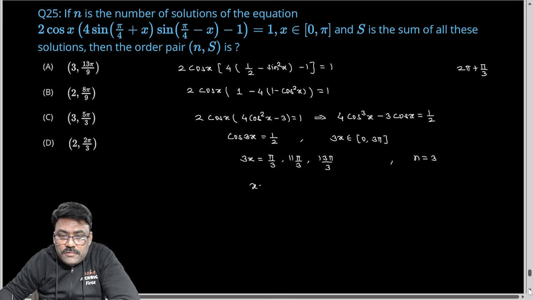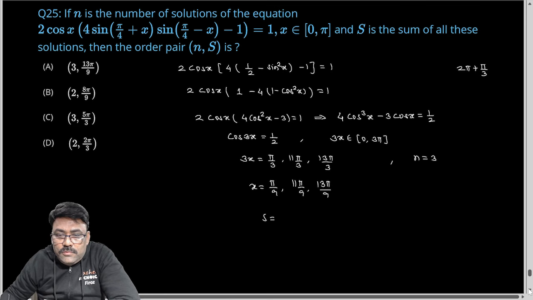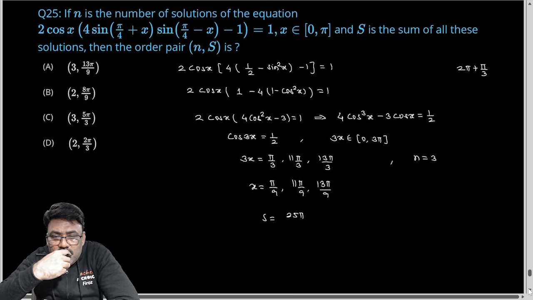Now x is what? Pi by 9, 11 pi by 9, and 13 pi by 9. What is the sum, S? So it is 25 pi by 9.